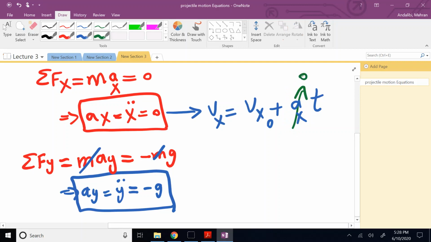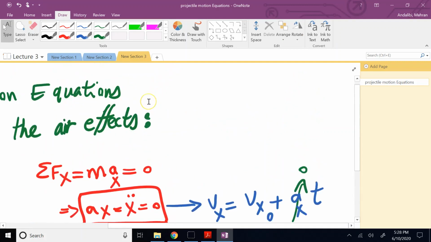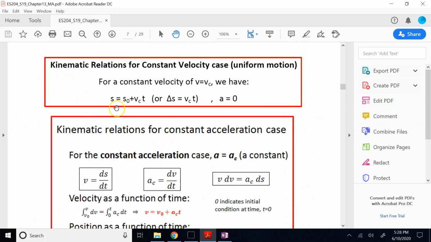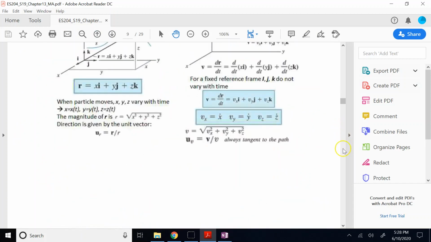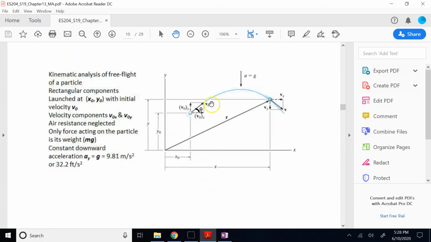And Vx at the beginning, well, if you look here, in the beginning, the velocity is V naught at angle theta. If I decompose V naught along x and y, in the x direction V naught of x, and in the y direction V naught of y, what is V naught of x based on V naught and theta? From your trigs, you know V naught of x is V naught cosine theta, and V naught y is V naught sine theta.